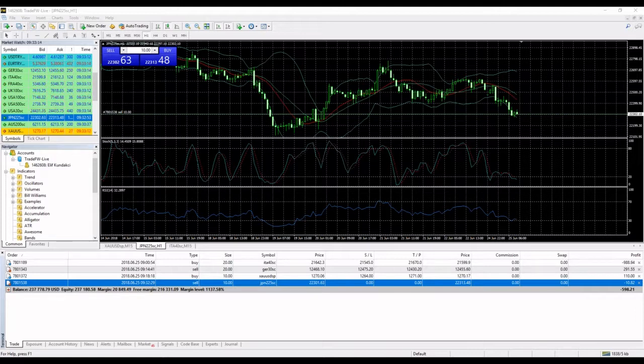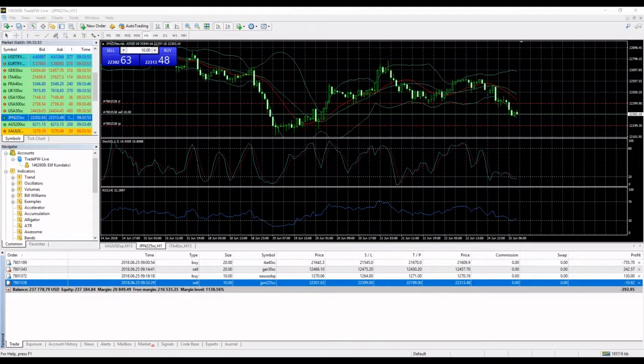So this is my trading range which I'm aiming for, and I just modified my trades. Let me write it down. We went short on Japan 225 at 22,301, our stop loss is at 22,399, and our take profit is at 22,199. Nice numbers, nice numbers.